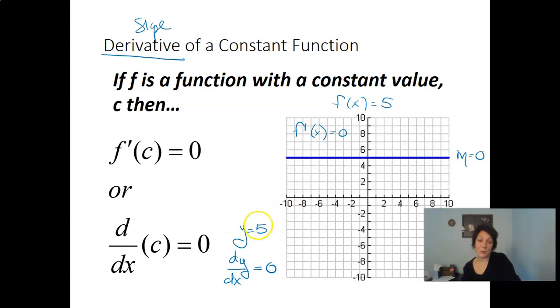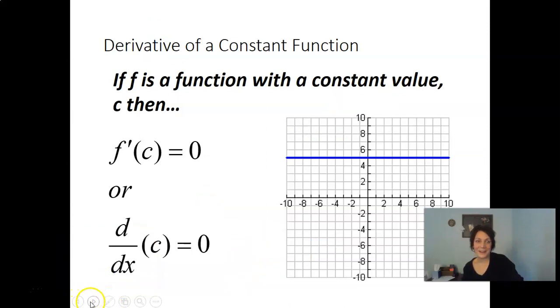Again, even if you're given y equals 5, you could also write y prime equals 0. All of these notations are perfectly good. No, there's not one that's better than the other. It doesn't matter if you switch back and forth. What does matter is that you know that the derivative of any constant is 0. All right. Learning already.